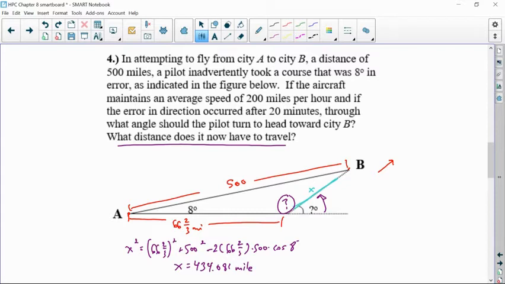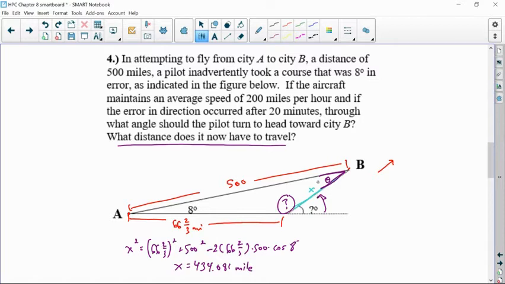So it might be in our best interest to find this guy up here first if I'm going to use law of sines, because that angle is guaranteed to be acute. I know it's acute because it's opposite a smaller side than the 500. In fact, it's the smallest side, because we already know that this side over here is 434.